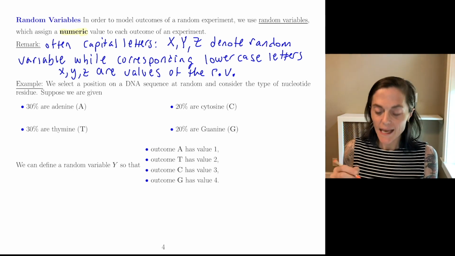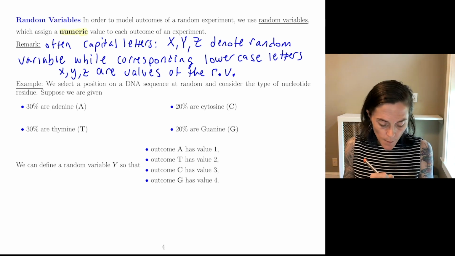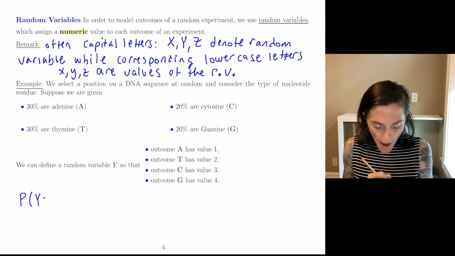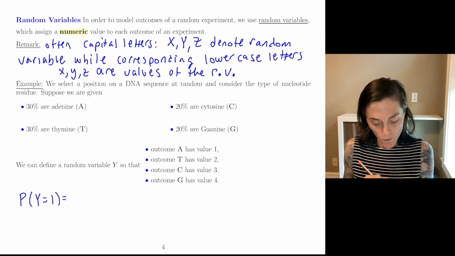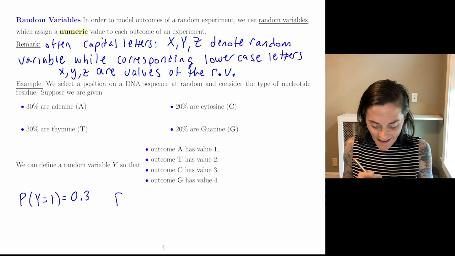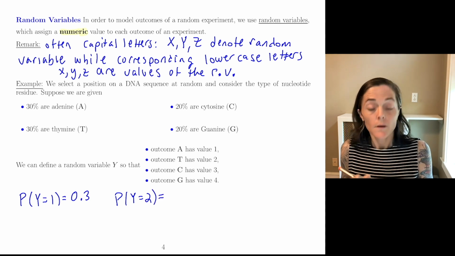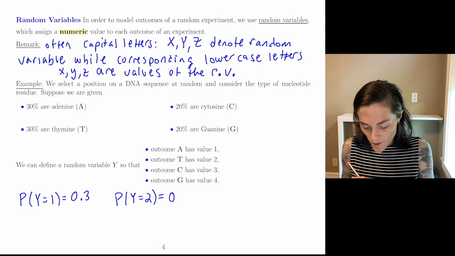Then, if you wanted to think about probabilities with the information we are given in the problem, the probability that capital Y is 1, well, this equals 0.3. The probability that capital Y equals 2, well, this is also 0.3.